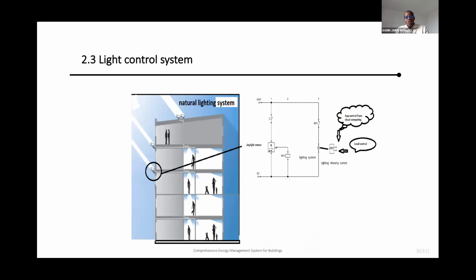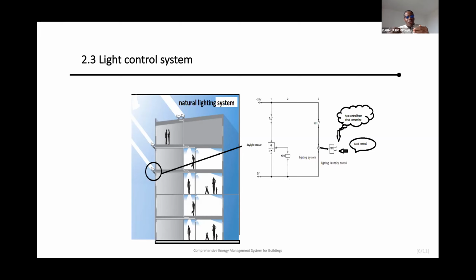Here, we observe that the management system can control the light of the building. For this, we have the relays and natural light application system. In Bogota, for example, the irradiation levels are particularly high, since we are 2,600 meters closer to the sun.